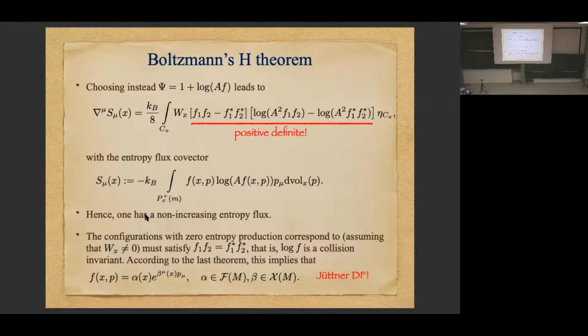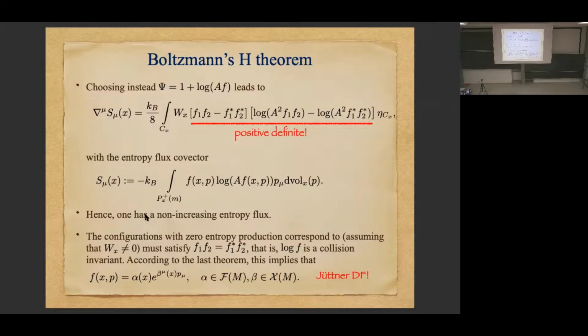Okay, but now you can make another observation as well. You can ask, when is this entropy production 0? So when do you get to equilibrium? This is 0 actually when f1 f2 is f1 star f2 star. But this means that log f is a collision invariant.